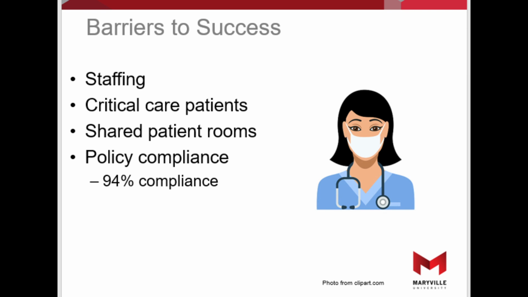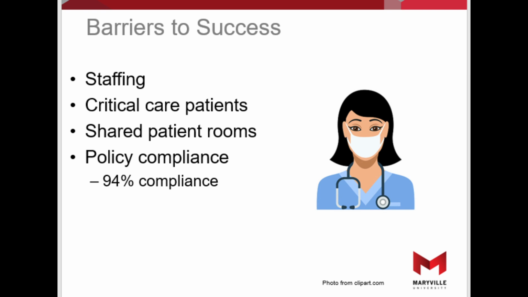The next barrier was that these are critical care patients, so they're requiring a very high level of acuity. This comes with frequent interruptions, alarms, lots of machines. The next barrier was shared patient rooms. I think it's about 8 patient rooms within the ICU that are shared. They're not completely private, they're partially private with a curtain.